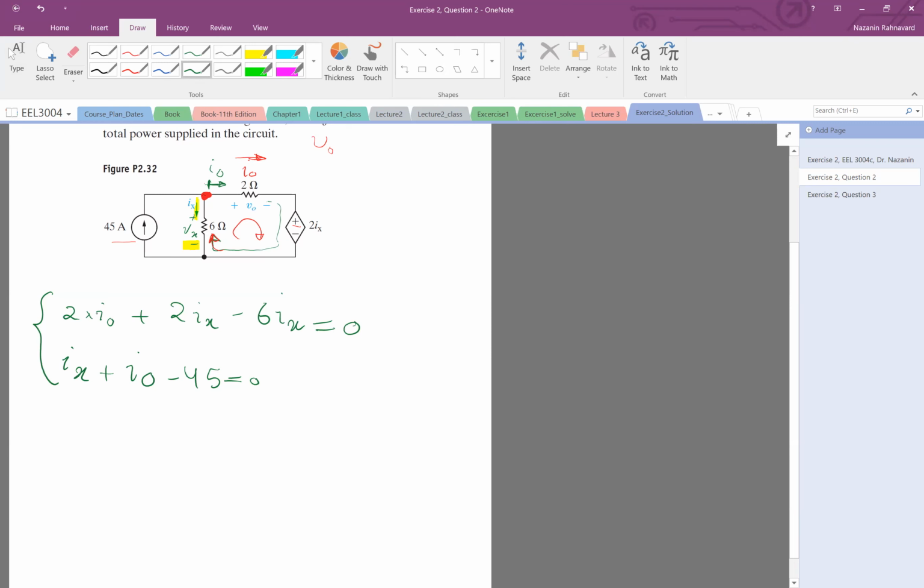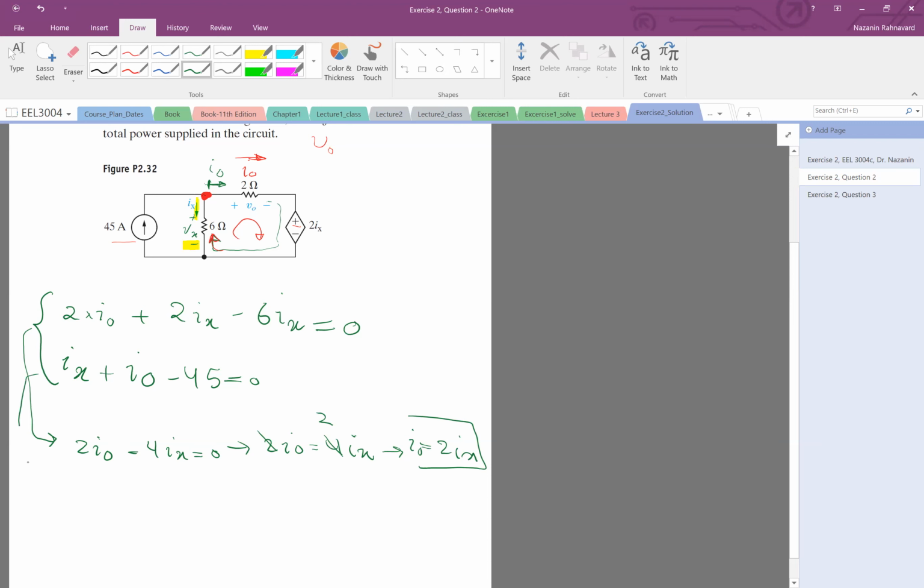That's good. Let me clear this. The first equation says 2IO minus 4Ix equal to 0. In other words, 2IO equal to 4Ix, to simplify, IO is equal to 2Ix. This is the first equation simplified.